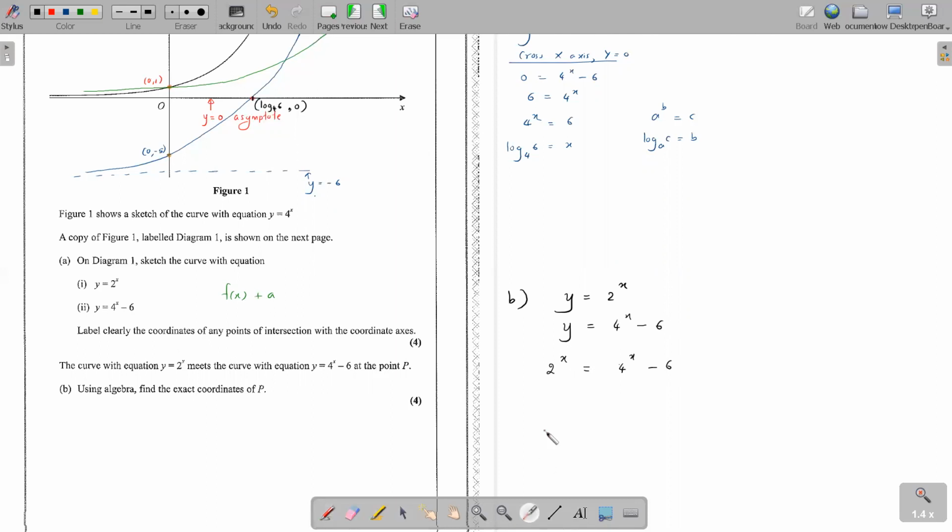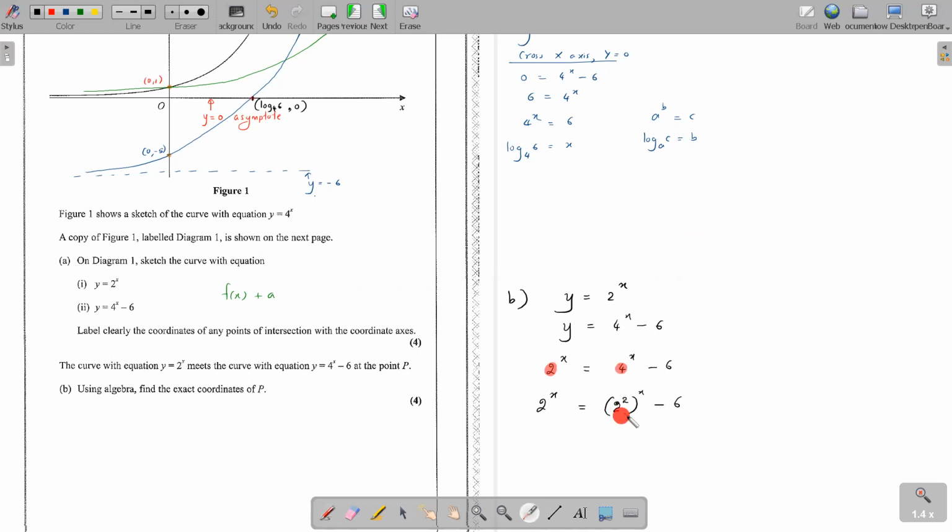So I can see here the bases. There's x with the base 2, power of x. Here also you have power x with the base 4. So to do this sum, I really want my bases to be the same. So it's easy if our bases are the same. Here I have a 2, here I have a 4. So what we can do is replace the base 4 as 2 to the power 2, and don't forget the power x.